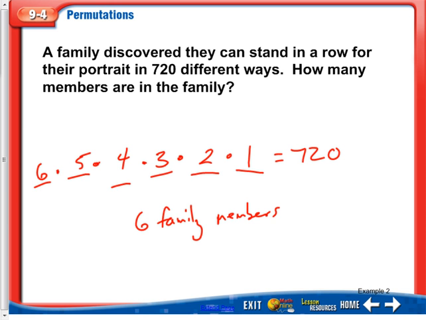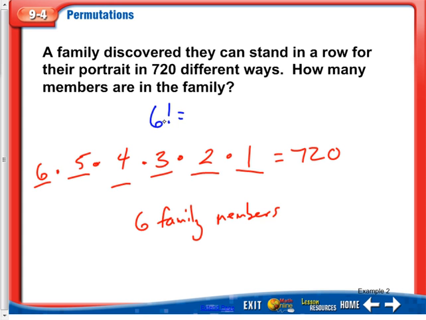This would be by far the easiest way to do this. You have to get 720 ways, and we know that we're going to be counting down here: 6 times 5 times 4 times 3 times 2 times 1. Another way to write this, which is kind of interesting, is with the factorial symbol, an exclamation point.